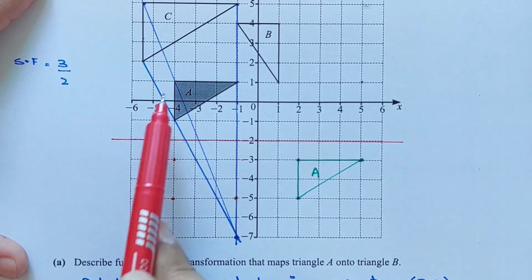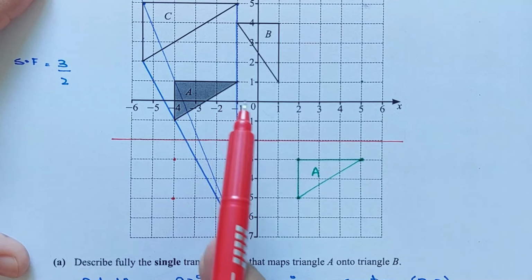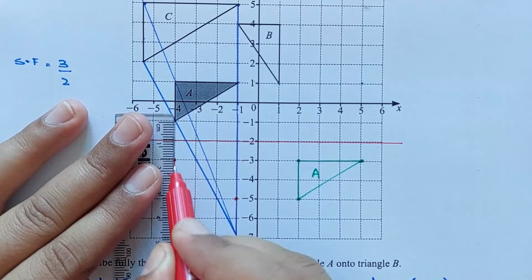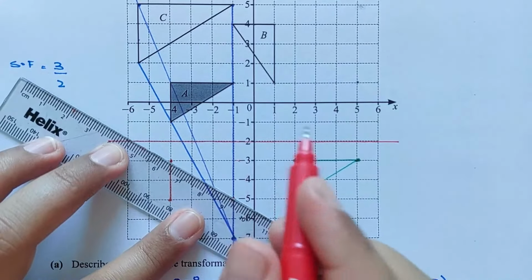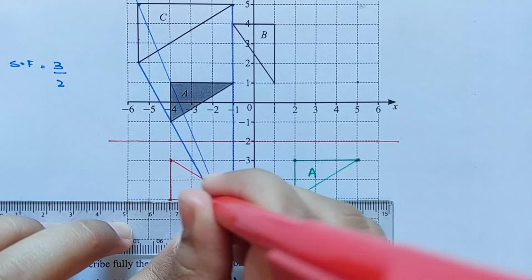So the coordinates are -4, -3, and -4, -5, and -1, -5. So this is the reflected shape, in y equals -2.